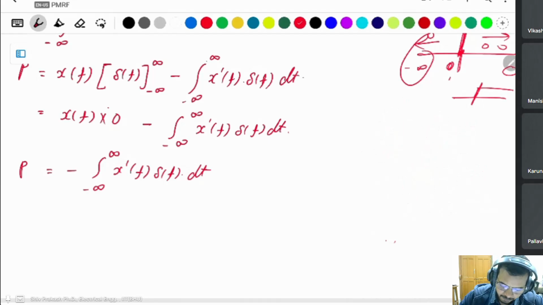Same thing here: if there is any function integrated from minus infinity to infinity, and delta t is available only at 0, the limit will be changed. Then what is 0 to 0? It means 0.